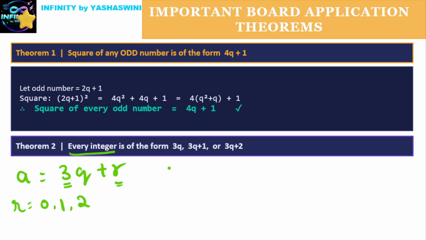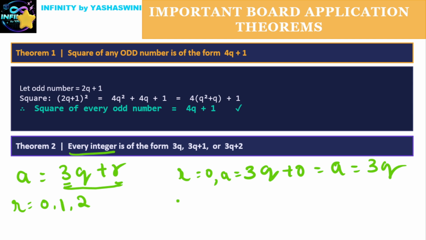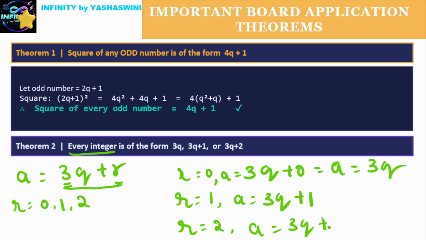When r is equal to 0, a is equal to 3q plus 0, that is a is equal to just 3q. Next, when r is equal to 1, a is equal to 3q plus 1. Then when r is equal to 2, a is equal to 3q plus 2.